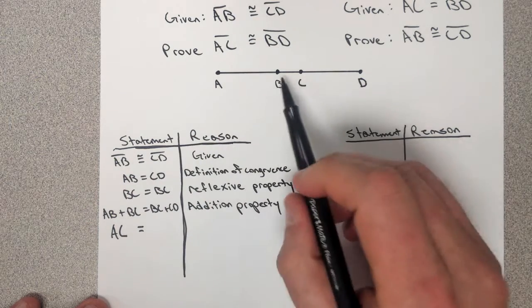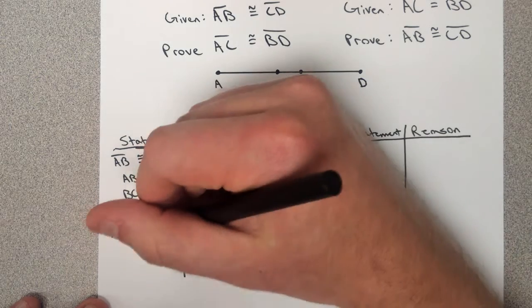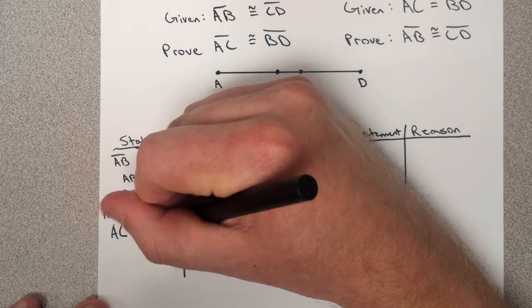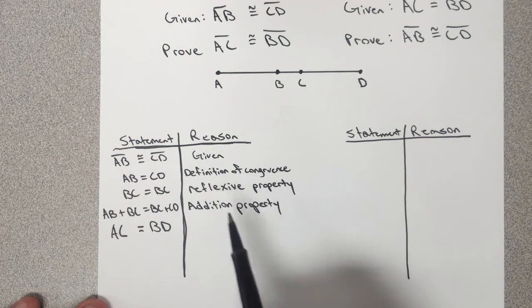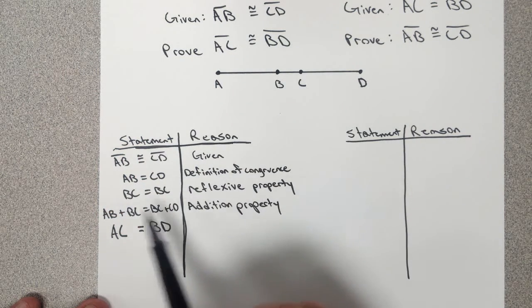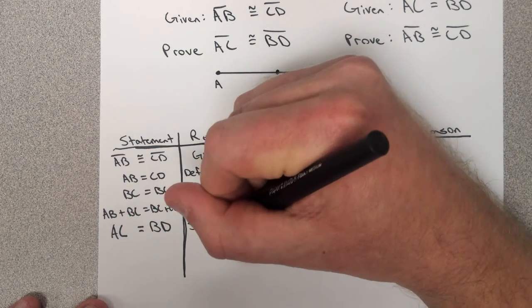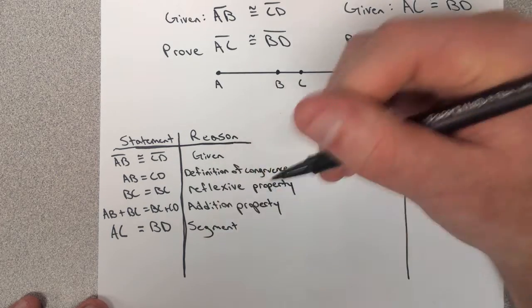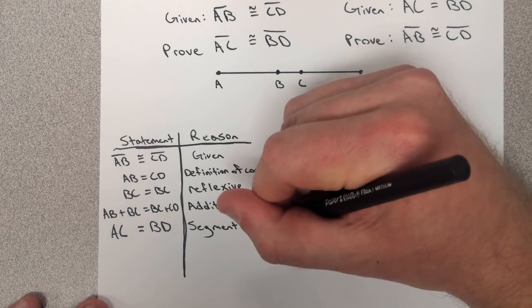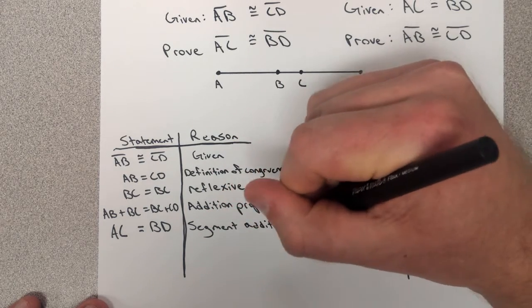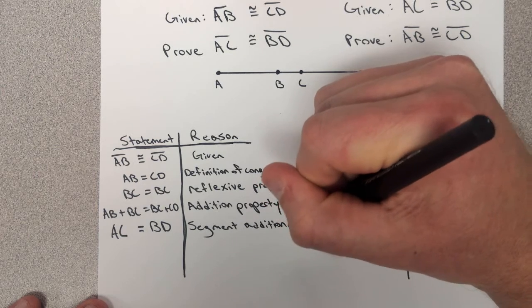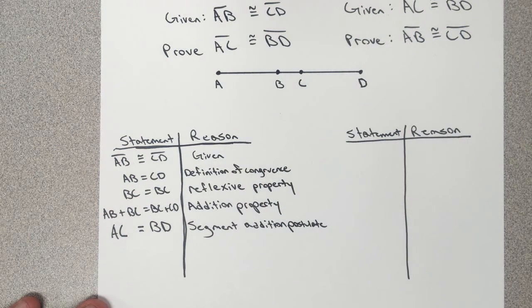And BC plus CD is the segment BD, because that is a statement of the segment addition postulate. So we have that AC is equal to BD.